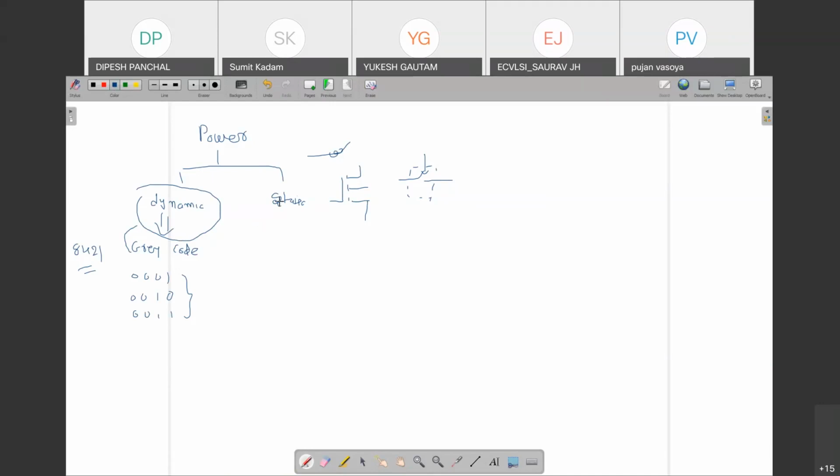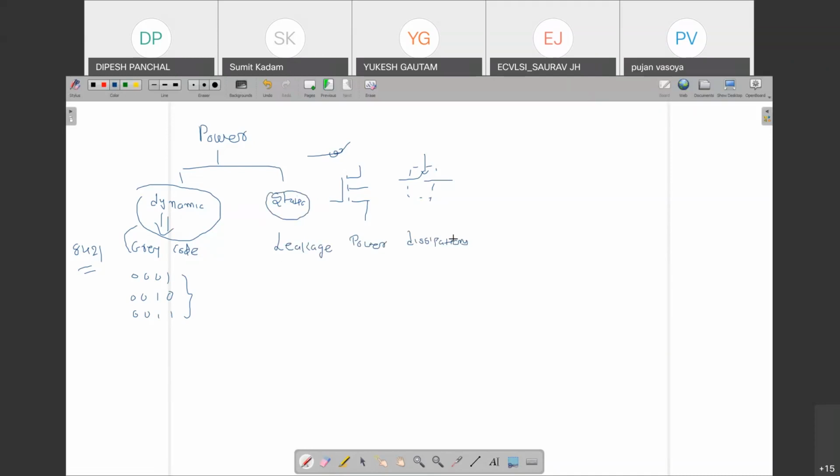Apart from the dynamic power, we also have the static power. As I said, if you do not apply any input, still power or current is there, which is called leakage power dissipation or leakage current. You have one full course in the next semester, low power design methods. At each and every stage, you have to use techniques so that your power budget is reduced.